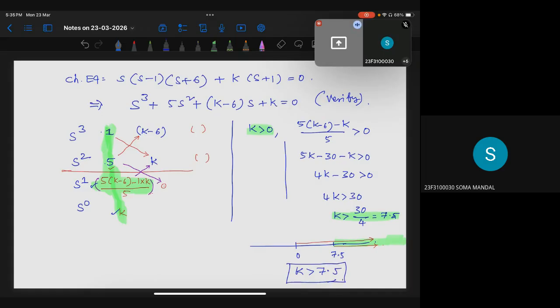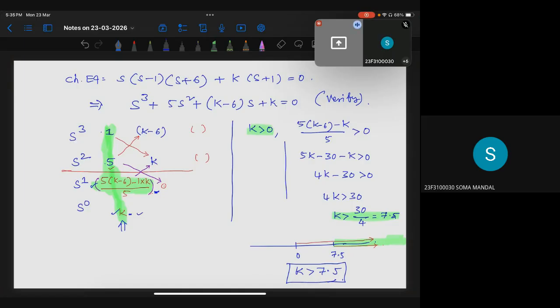So if you substitute any value of k greater than 7.5, in this column you will get positive values, this also positive, this also positive. Am I correct? Yes, sir. If you take any value less than 7.5, sometimes this may be positive, but this may not be positive.